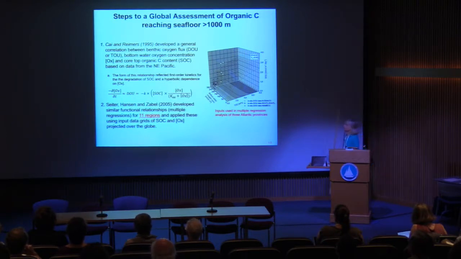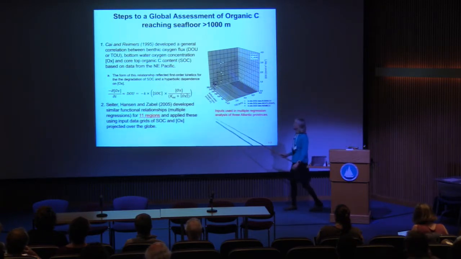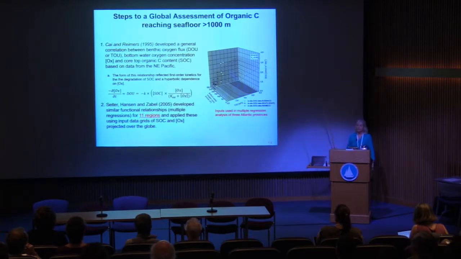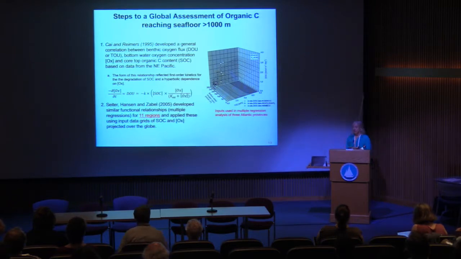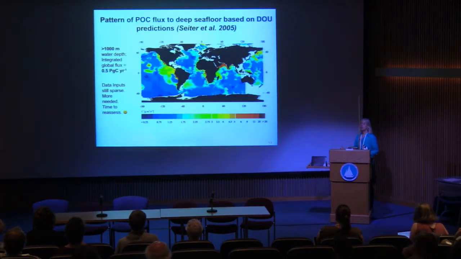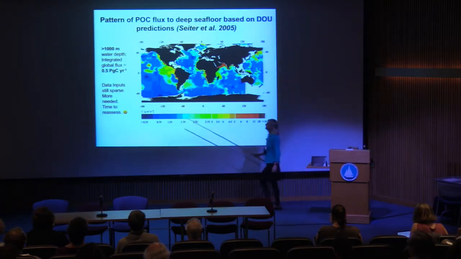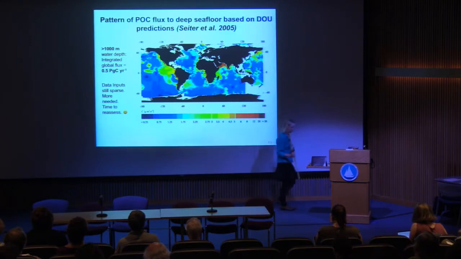We developed one first for the Northeast Pacific, and then following work by Seiter et al., based on a lot of later data, largely measured by Ronnie Glud's group, they put together other empirical relationships, these multiple regressions for 11 regions, and again came up with global estimates of the particulate organic carbon flux to the seafloor, which could be integrated to give us a global flux of 0.5 petagrams of carbon per year.